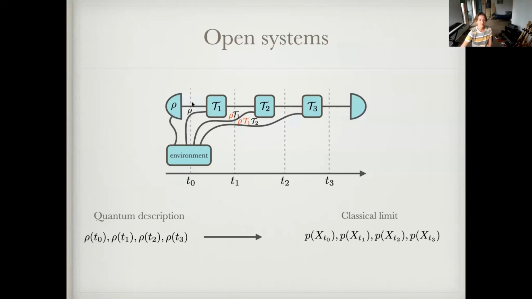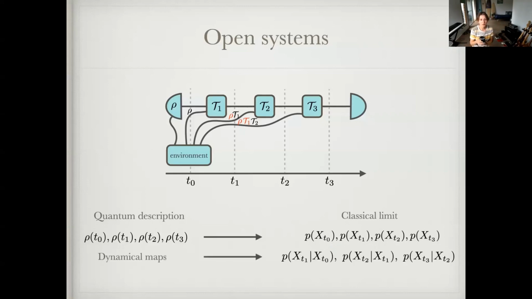So you can just measure your state here, your state here, and so on. Of course, this will not give you much information. In the classical limit, it will just give you some probabilities of some random variable x, the value that it takes at some particular time, T0, T1, and so on.